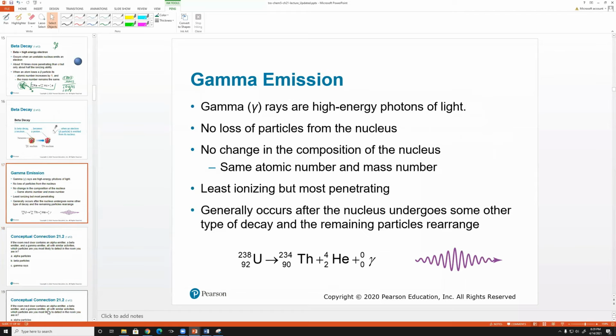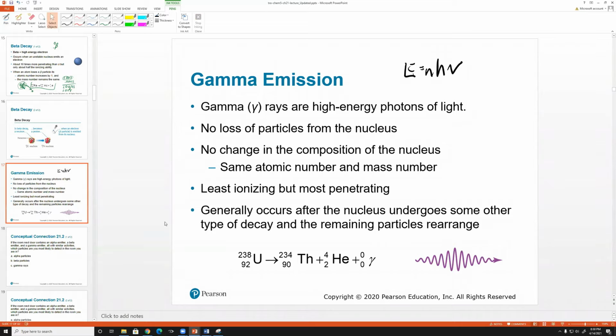And we can calculate the energy of a gamma particle using our energy of a photon equation. Remember that one? E equals h times nu, Planck's constant times the frequency. That's the energy of the photon equation. So that can be used to figure out the energy emitted by a gamma ray.